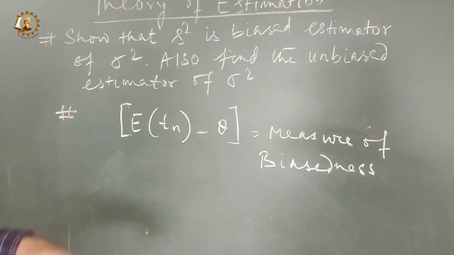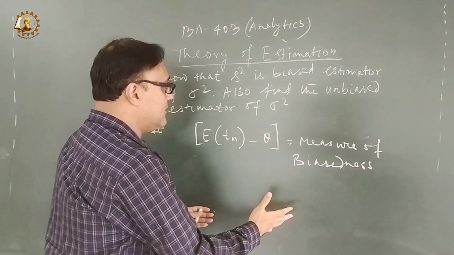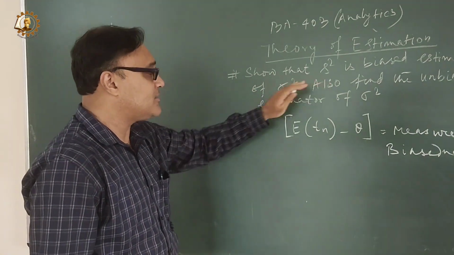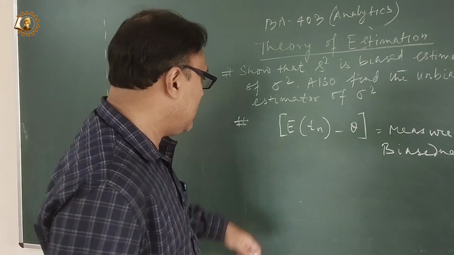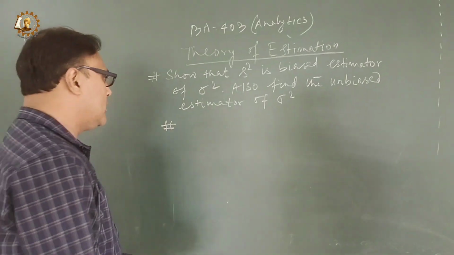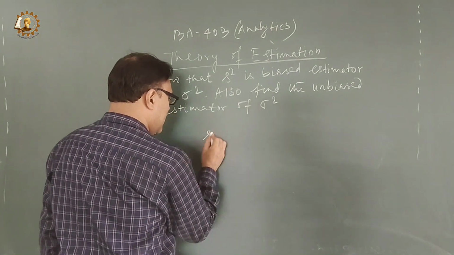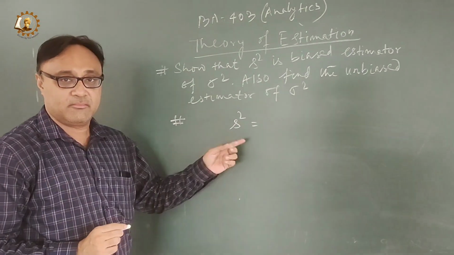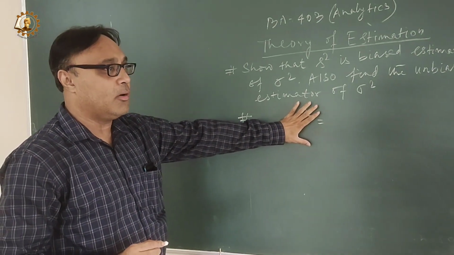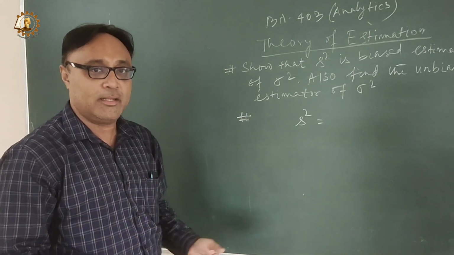Now from this theory we are going to proceed to prove this statement, that is, S square is a biased estimator of sigma square. Now let us move to the S square part. What do you understand by S square? S square is the sample variance, that is the variance that we get from our sample observations when we calculate it.